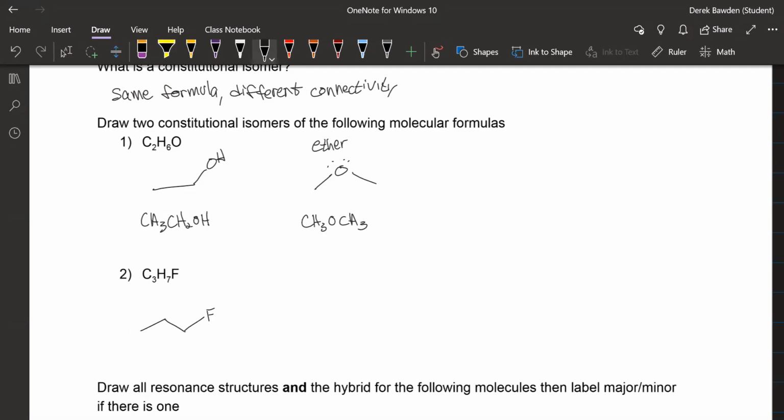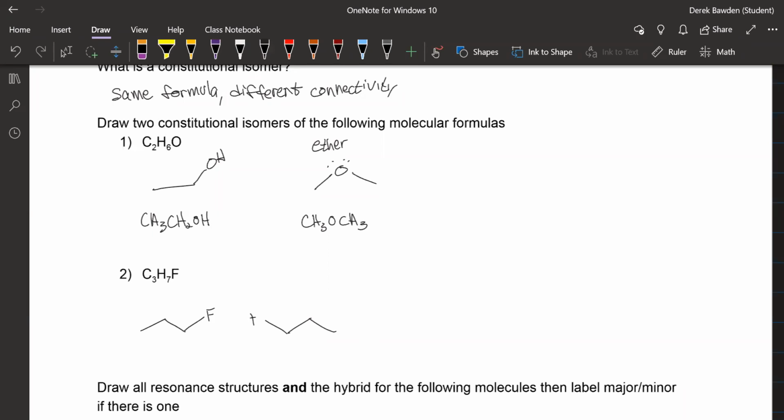Again, we'll start with our carbon chain. Now, if we were to add it to this side, what's the problem with doing that? It's identical to the other one, right? All you'd have to do is turn this one around, do a 180 turn, and it would be identical as the first.